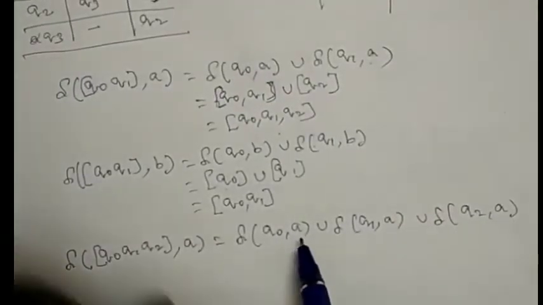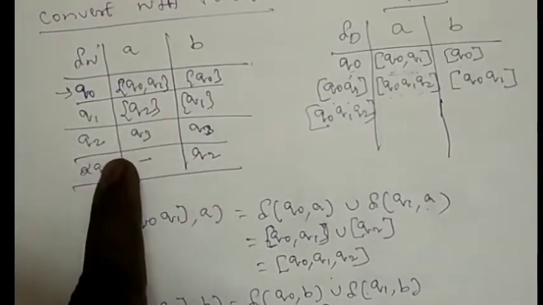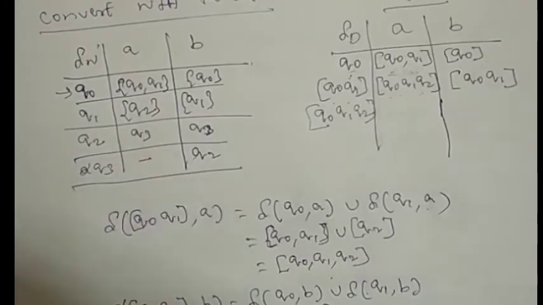In Q0, if I apply A, you see where it goes in the NFA diagram. Q0, if we apply A, goes to {Q0, Q1}, and in Q1 when I apply A, it goes to Q2, and in Q2 when I apply A, it goes to Q3.